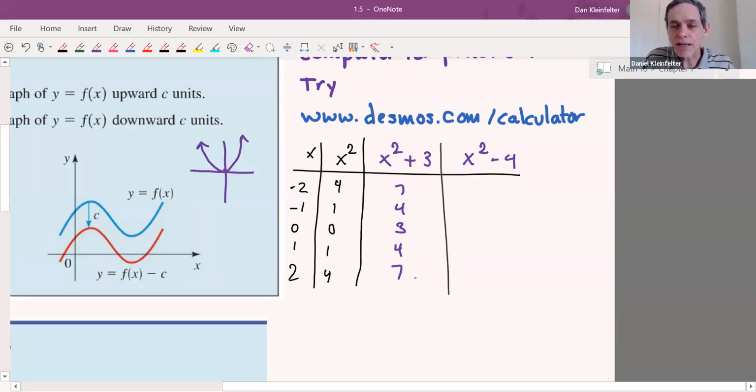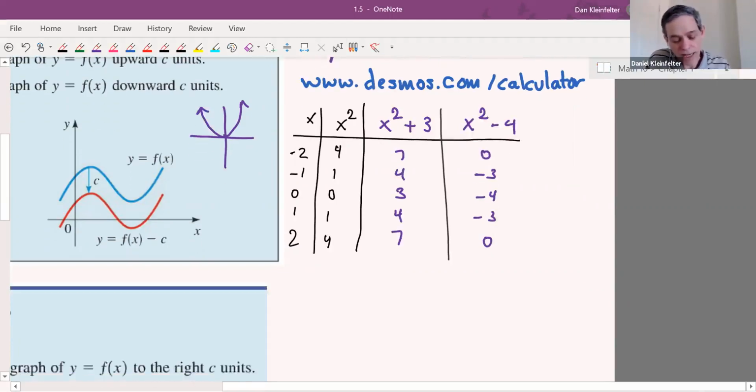For x squared minus 4, we'll take the column for x squared and we'll simply subtract 4 from it. So x squared minus 4, in the first case, will give us a 0. In the second row, 1 minus 4 will be -3. Then 0 minus 4 will be -4. And again, we can continue that pattern down for the rest of the column.